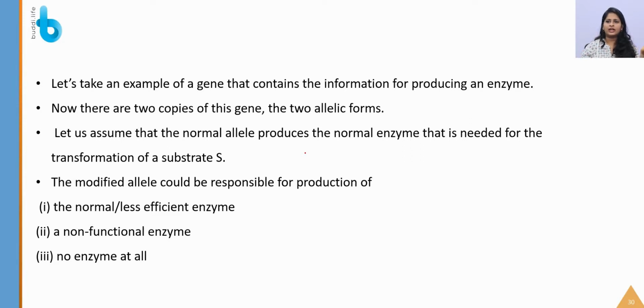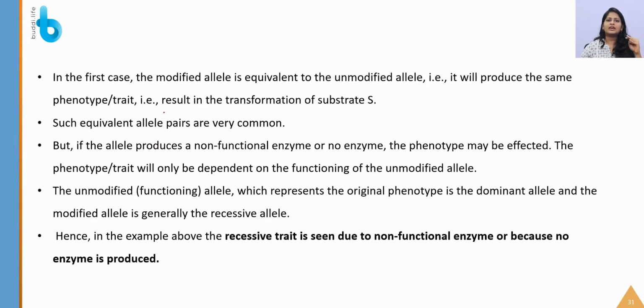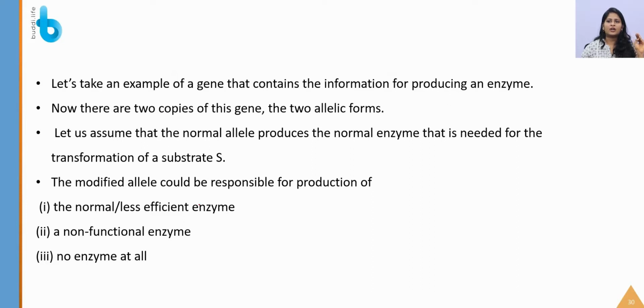It is going to convert S into P. So what will the modified allele do? It can be responsible for a less efficient enzyme, a non-functional enzyme, or no enzyme at all. So here what will be the result? In the first case, with a normal or less efficient enzyme, the result would be the same as the unmodified allele.